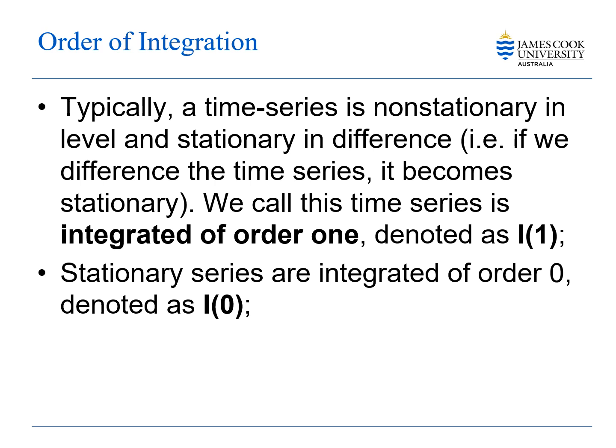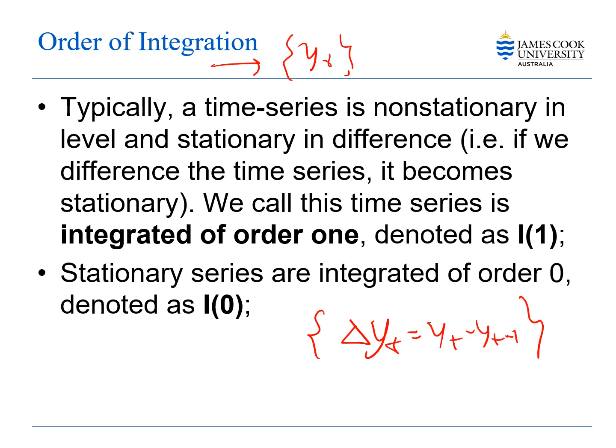Typically, in practice, a time series yt is non-stationary in levels. However, if we difference it, delta yt, which is yt minus yt-1, it becomes stationary.